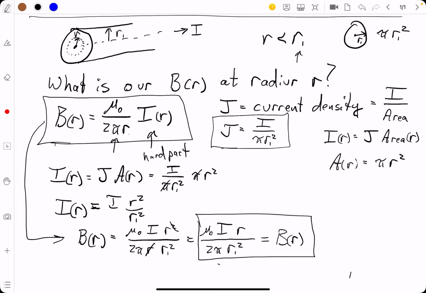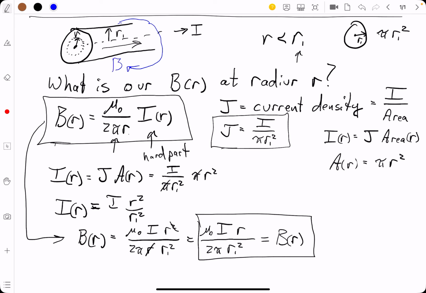If my current is going this direction, then I put my thumb along the current and my B field then goes like this, around. So it would be like that. Okay, so that's the direction of my B field.